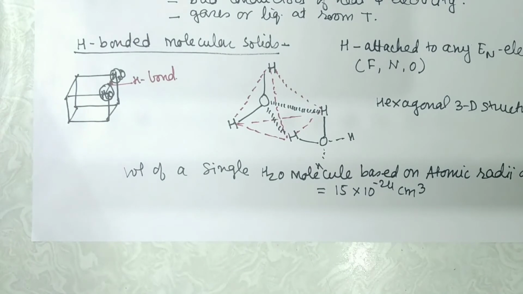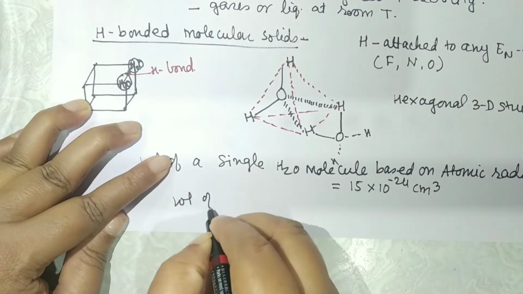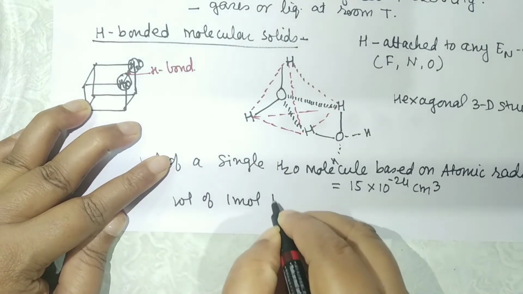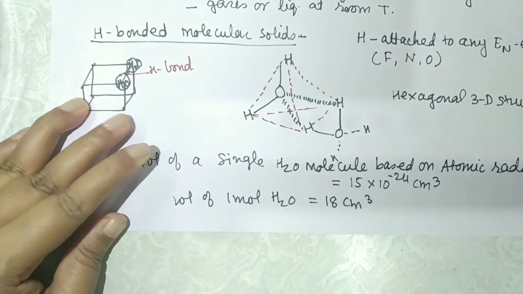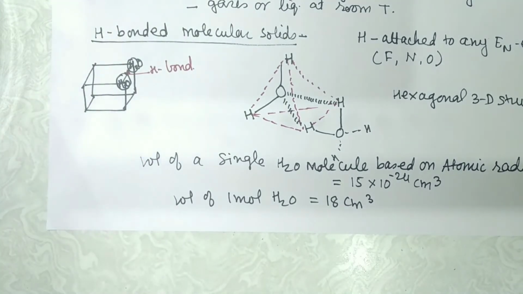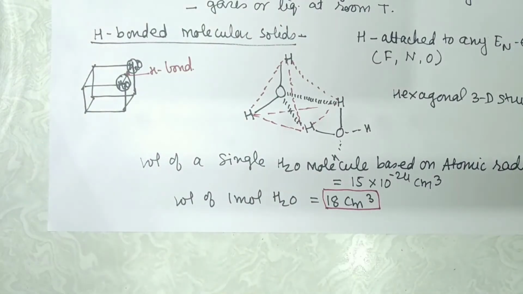But the volume of 1 mole of water is equal to 18 cm cube. This is important to mark: the actual volume of 1 mole is 18 cm cube.